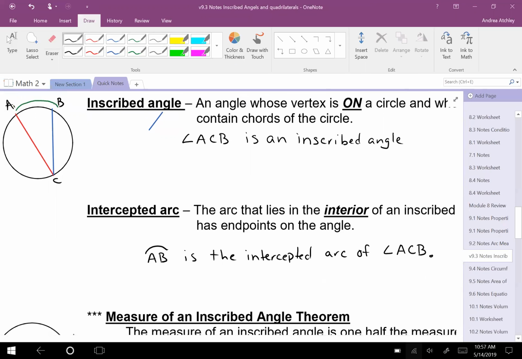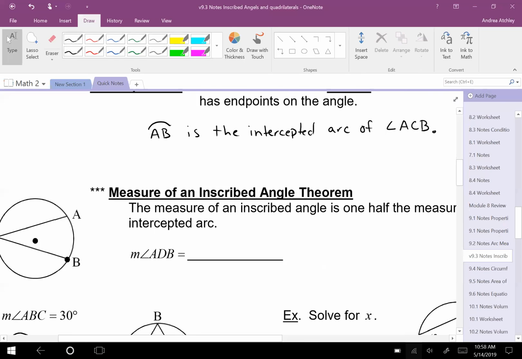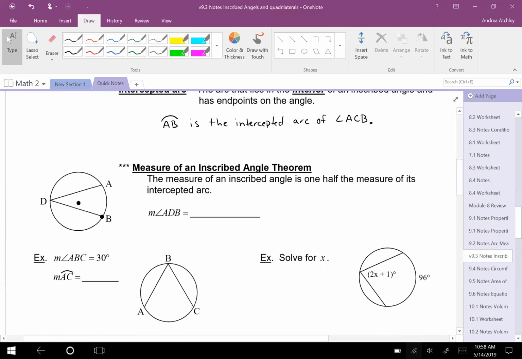Okay, so there is a relationship between the angle and the arc, similar to the central angle and the intercepted arc. In the central angle, they were equal. In the inscribed angle and an intercepted arc, they're not equal. The angle is equal to half the intercepted arc, half the measure of AB.